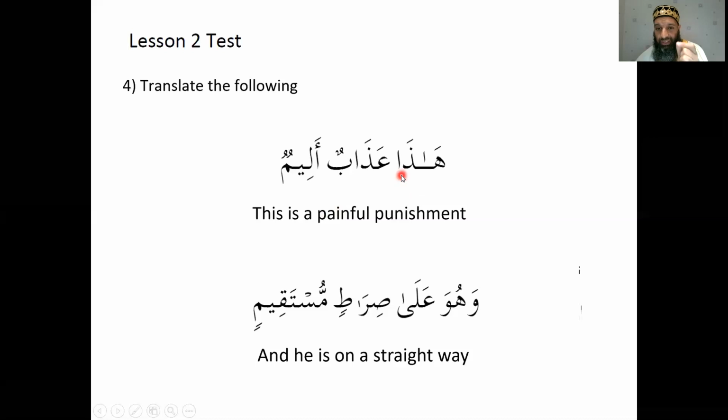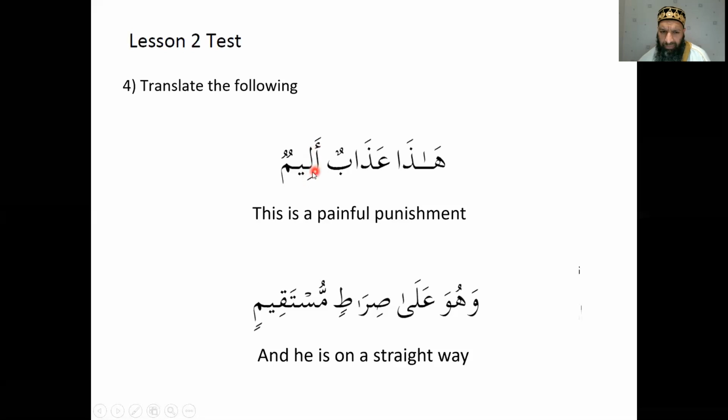It's not this is the painful punishment because there's no al. This is a painful punishment. Yeah, this is hada, we know that. A painful punishment, because adhab doesn't have alif lam. It's not going to be this is the painful punishment, it's going to be this is a painful punishment.